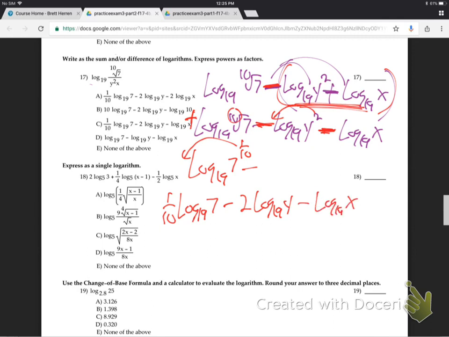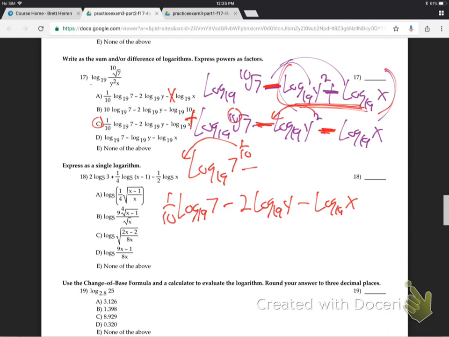Everybody good with that? I don't know what answer that is. Is it A? They're all so close. Is it C? Yep. Good. A just has this bad part right there. We good there? Remember those rules on that?